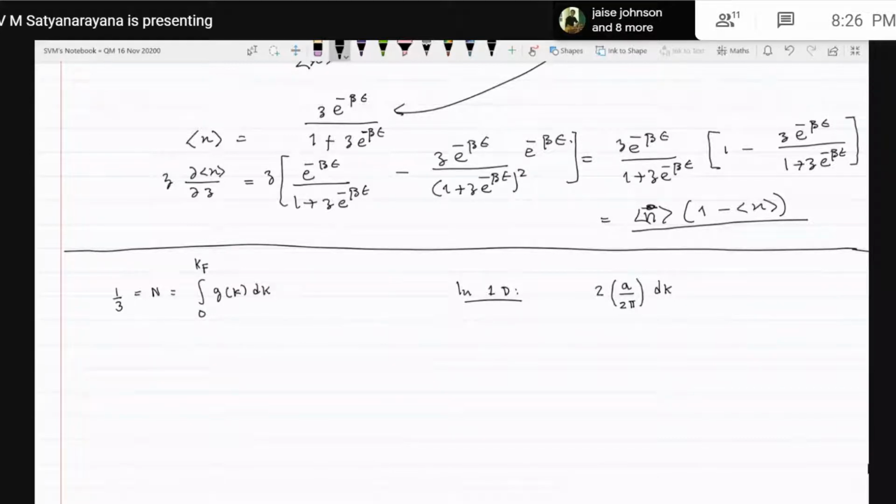So this will be your g of k dk. If I substitute that here, 2 will cancel, so I have a divided by pi and integral 0 to kf simply dk. So that gives you simply a by pi into kf.